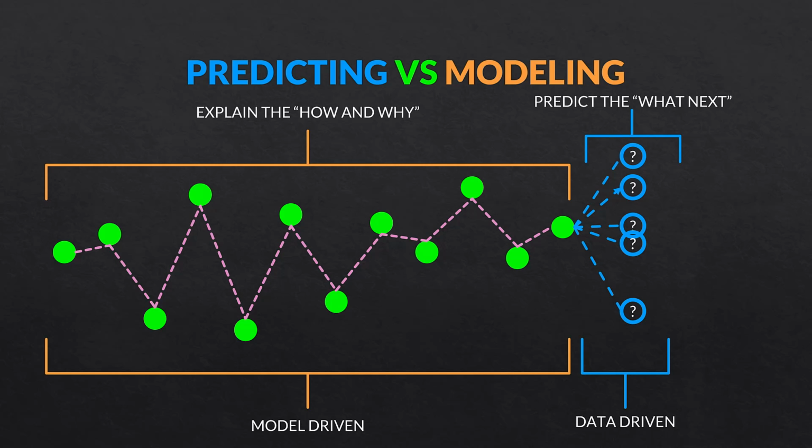What is the temperature outside? Was I home or not home? Was I doing laundry that day? Or what have you? So in the model-driven approach, I would keep track of all that other data and then try to explain why the next value is what it is. In the data-driven approach, I'm not doing any of that. I'm just looking at the past 10, 15, maybe 30 days and building a prediction just based off that data alone.